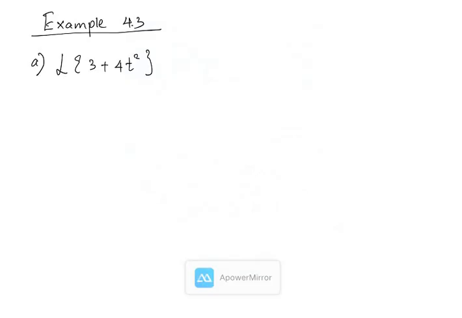So therefore, we can solve this question as the Laplace transform of 3 plus the Laplace transform of 4t squared. 4 is a constant, then t squared. This is equivalent to 3 over s, as I mentioned just now from the table of Laplace transform, plus 4 times the transform of t squared.